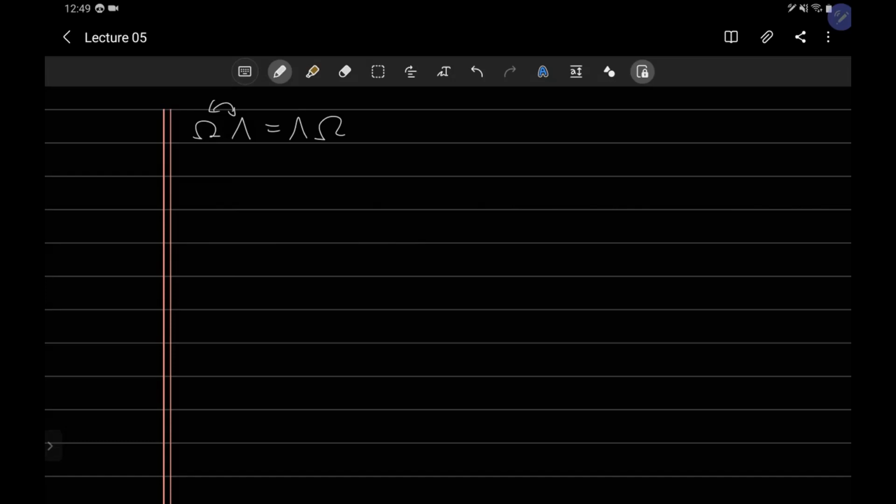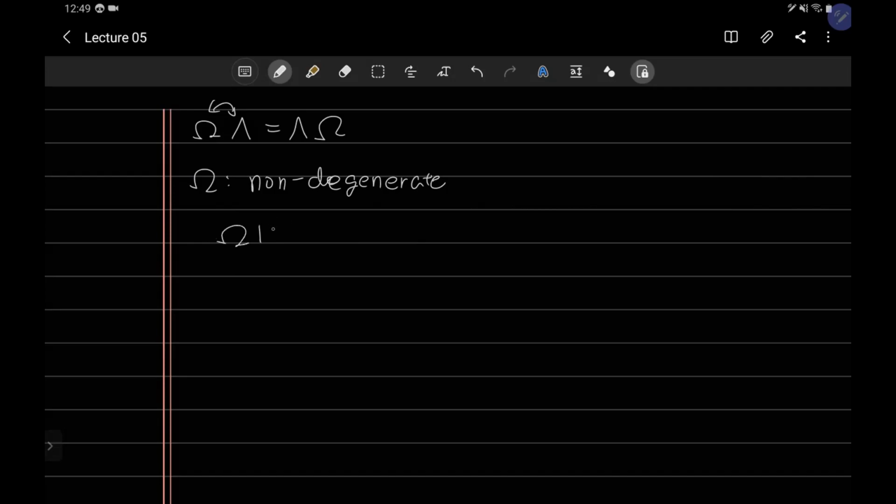However, the proof for the general case is a little bit challenging. So instead of trying to prove all the cases, I will assume that at least one of the operators is non-degenerate. So assume that omega is non-degenerate. Then we can think about one of the eigenvectors of omega.